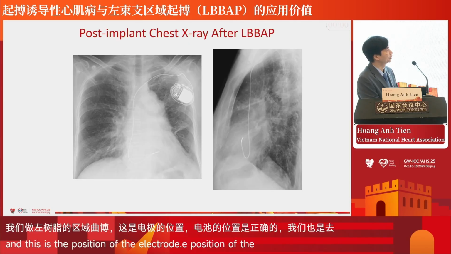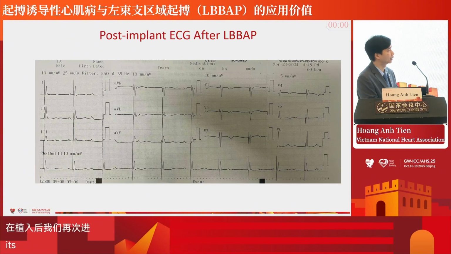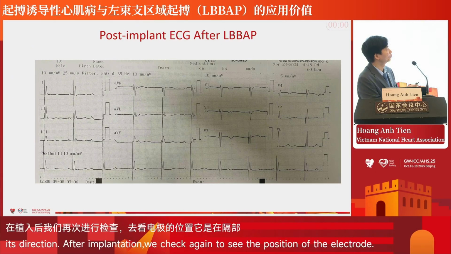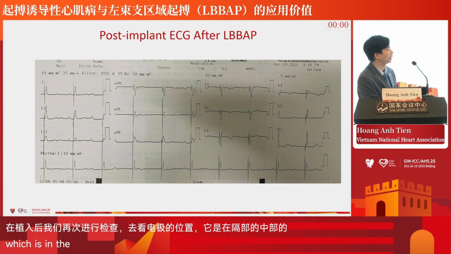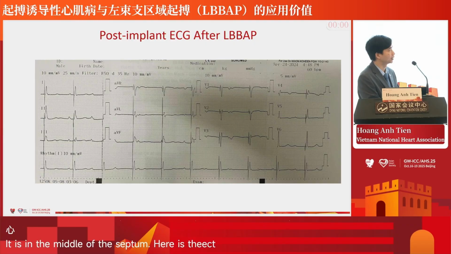After the implantation, we check X-ray again for the position of the lead in the septum. And the EKG is good because it is positive in D1 and negative in aVF, which means that it has a normal position of the depolarization axis.